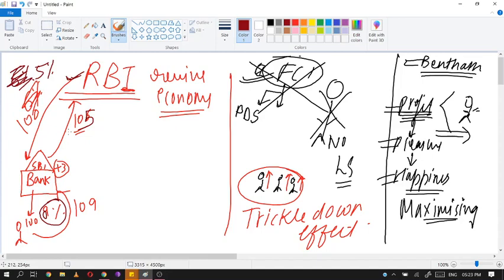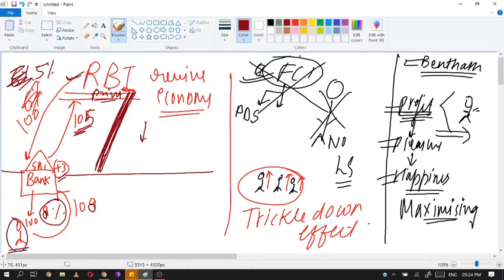Even if you keep 8% interest here and only get 8 back, you make 5, and anyway you can print anytime, you don't need it. So what is this called? Whatever reduction you did in your interest rates, only up to this level it got shifted. But people are also getting affected with lower interest rates because they are also reducing. What is this called? Trickle down effect.